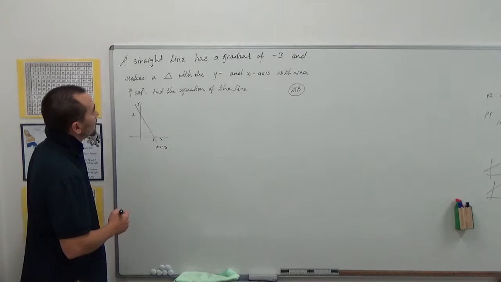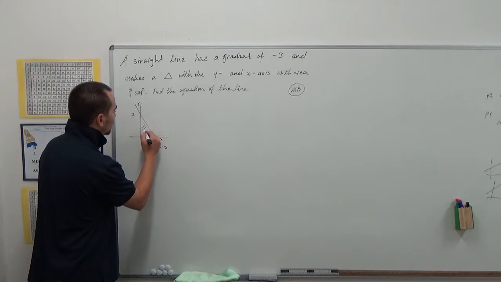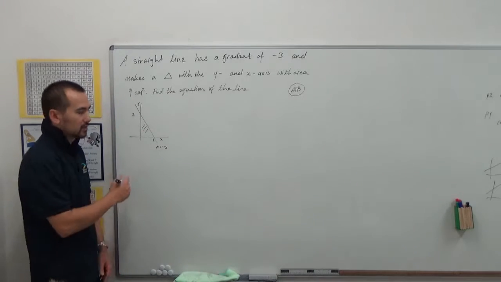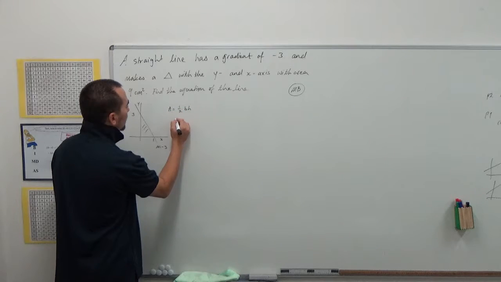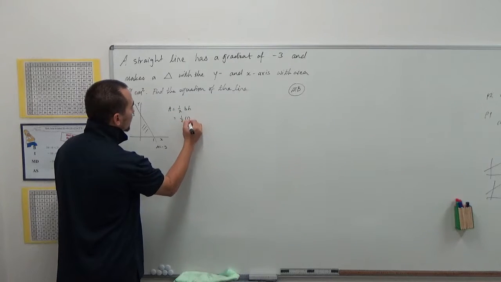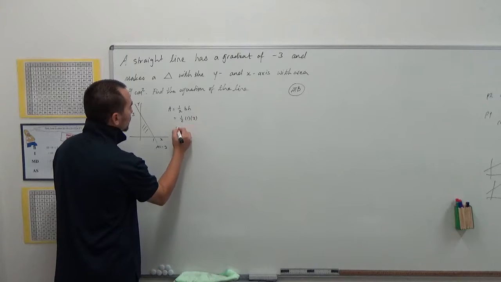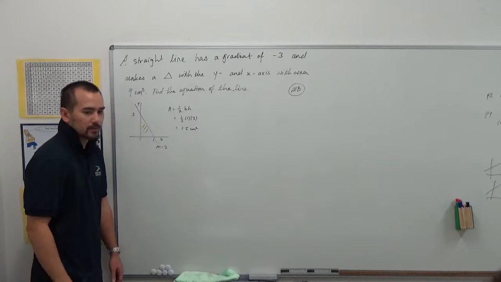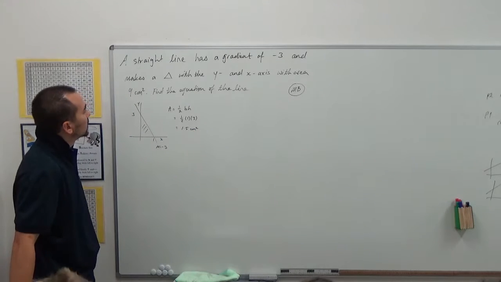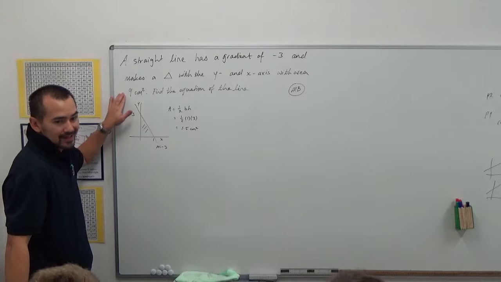My first gut feeling is to find the area of this. Area is half base times height, and if the base is 1 and the height is 3, we get an area of 1.5 centimeters squared. Now, it tells us that the area is supposed to be 9.